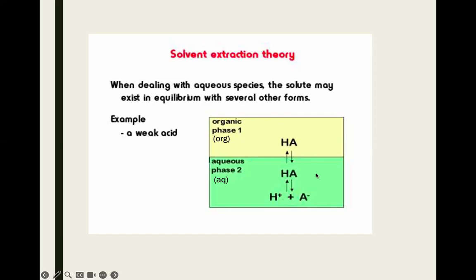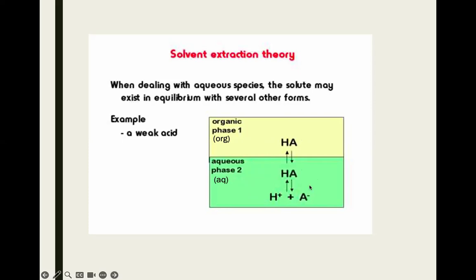So in the whole system of solvent extraction, if we are to extract a weak acid into the organic solvent, this is what happens. We know that a weak acid will partially ionize. This is the acid-base theory that you have learned. A weak acid is not like a mineral acid, not like a strong acid.